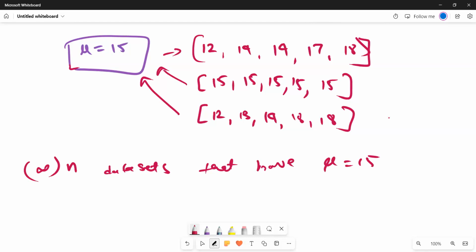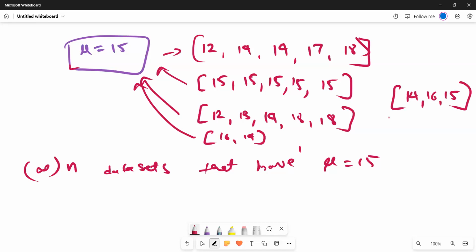For example, 16 and 14. This is also 15, and the number of elements is only two. I can have three elements, for example 14, 16, and 15. This also has a mean of 15.